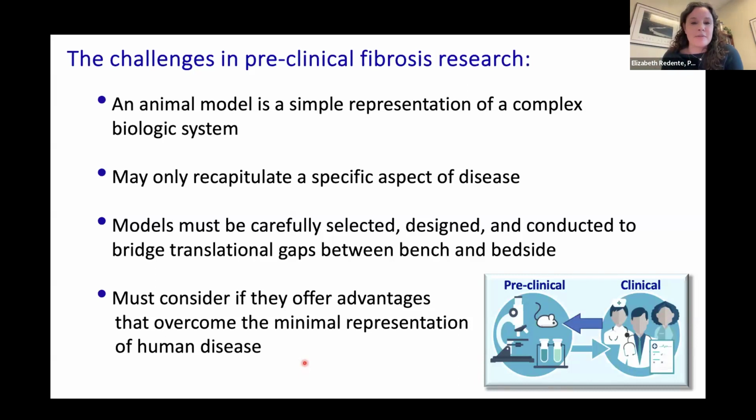And we'll get into that in a little bit, as long as we are keeping that in mind. So therefore, our models must be carefully selected and designed and conducted so that we can bridge this translational gap between the bench, these preclinical models, and the bedside of clinical trials. We really must always be considering if these animal models offer advantages that overcome their minimal representation of human disease.